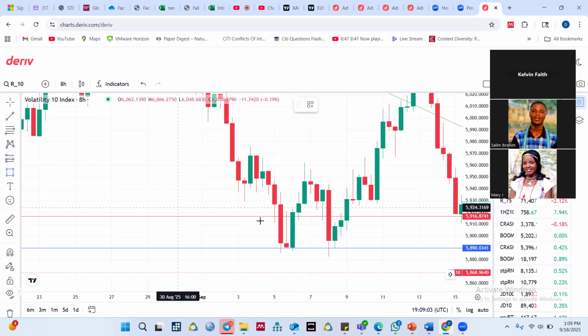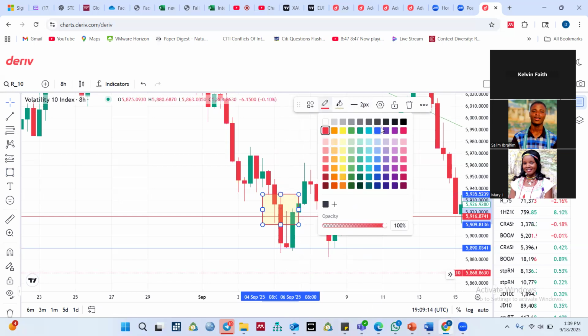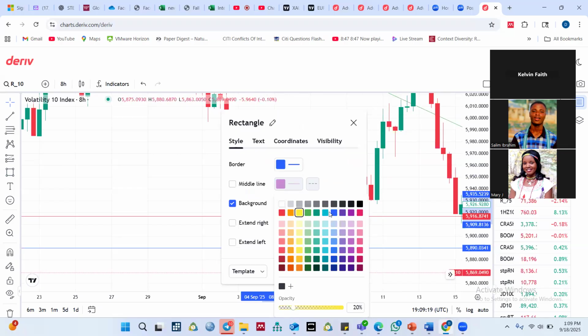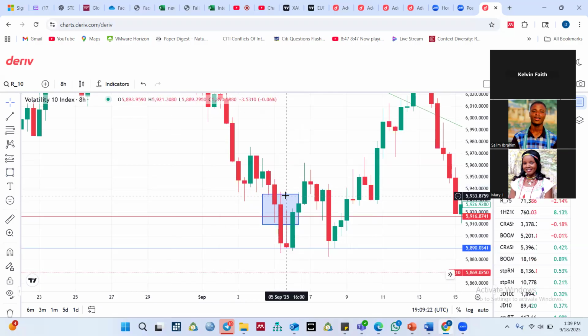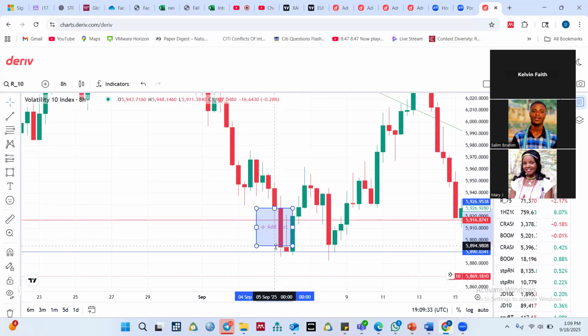So if you check here carefully, you will see that when price got here, it got a wick through it, into it, and then rejected up. Then this next candle, the full body, look at how big that candle is. The body pierced through the red line and closed below it.